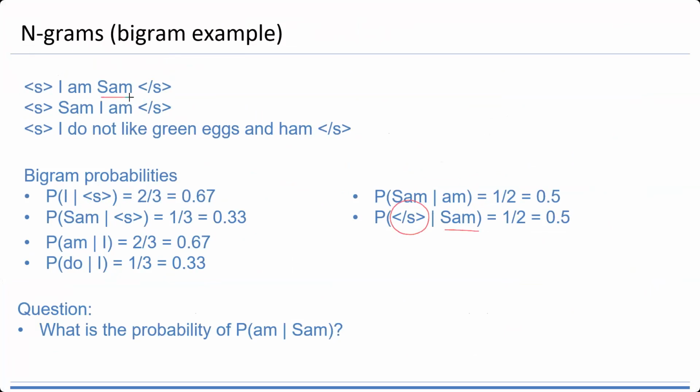So after Sam, followed by the end of the sentence. Then we can see there are only 2 Sam, and only 1 is after the word Sam. So the probability is 0.1.